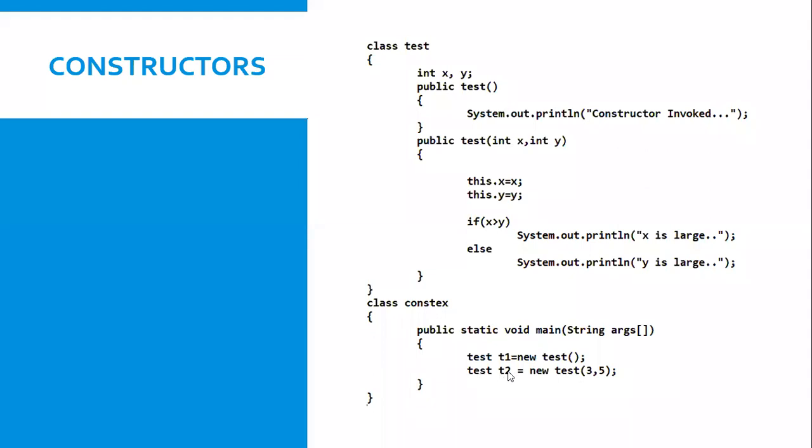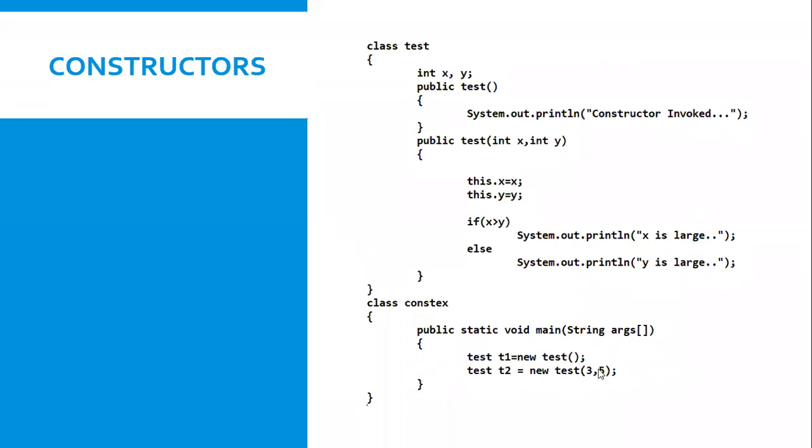And in Test t2 = new Test(3, 5), we are creating the object with the help of a parameterized constructor. Here the object will be created, and initialization also happens automatically; these operations are performed in parallel.